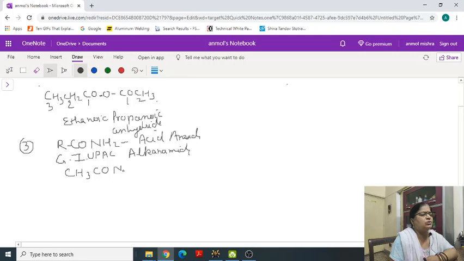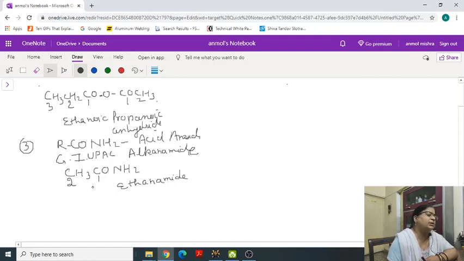CH3CONH2: again, the carbon of the functional group is also included in the long chain. For 2 carbons we write ethane, remove E and add amide: ethanamide.